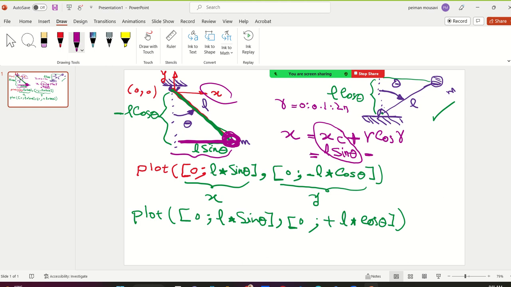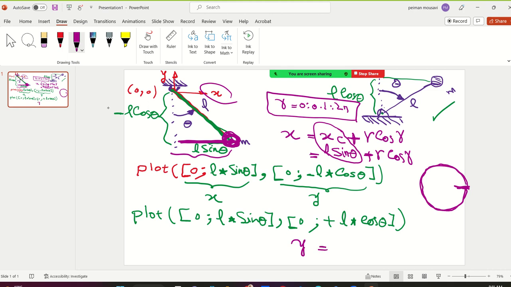And now, if you want to plot the circle by itself, it is r cosine gamma, and gamma is between 0 and 360. See? This is a circle. Here is 0, but you have to rotate like this. So y of the circle is going to be yc, y of the center, plus again r cosine gamma.